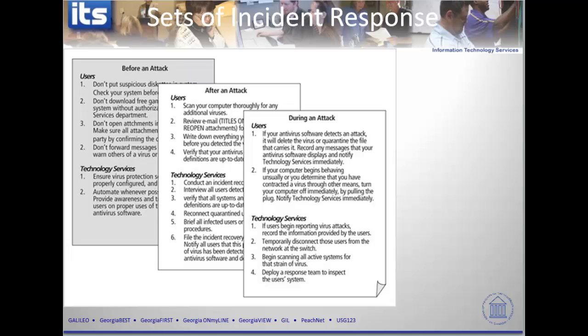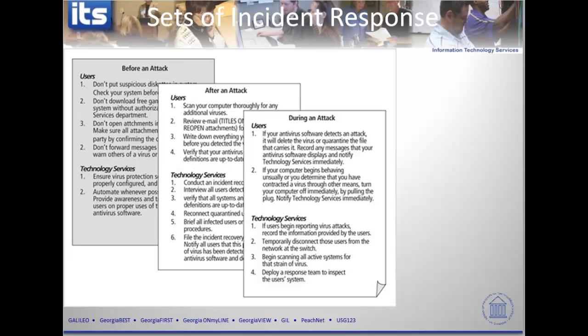What would you do during the actual event? And then what do you need to do after that incident actually occurs? So again, think that through. It's a useful structure. Think about what the users do, what the technology organization has to do, how those two interact, and how you're communicating that out to a particular audience.